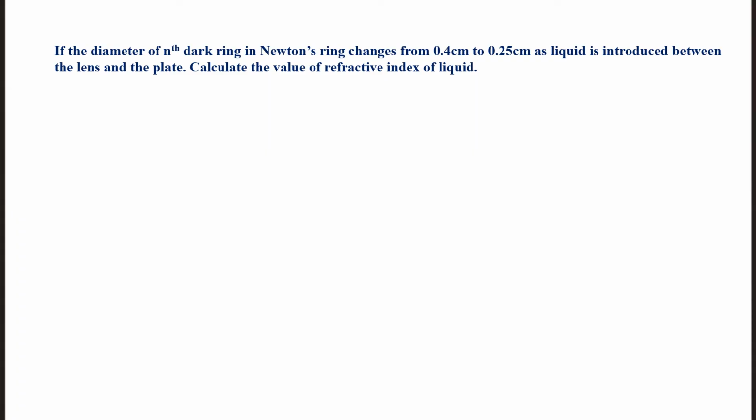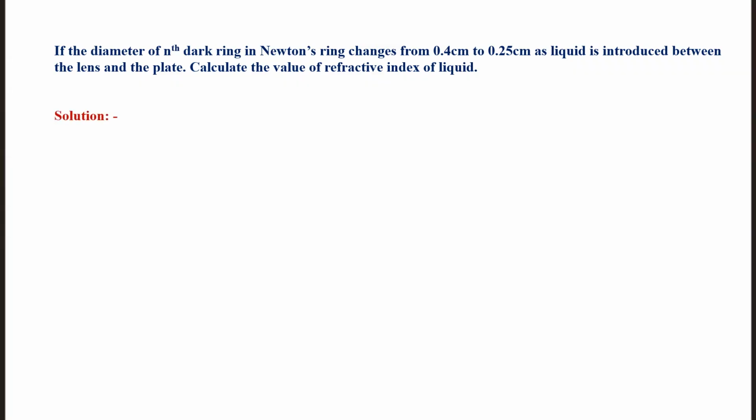Calculate the refractive index of the liquid. For a particular ring, the diameter in air medium is provided and the diameter in liquid medium is provided. It is asked to calculate the refractive index.